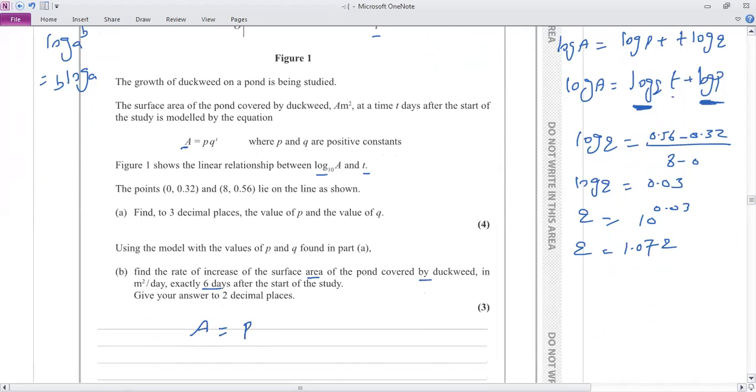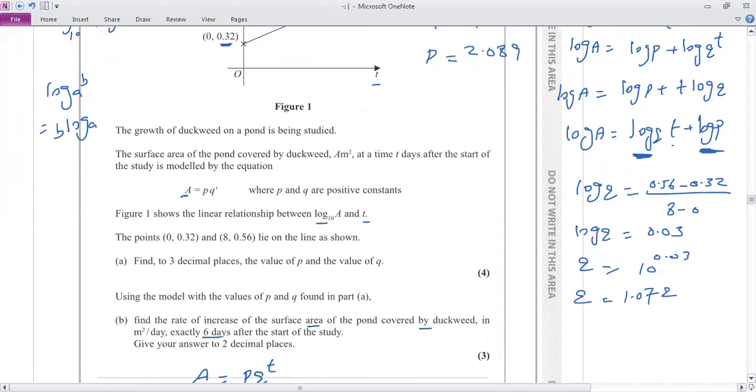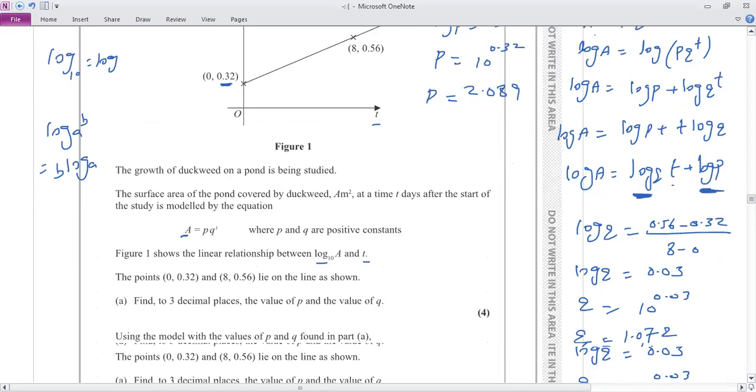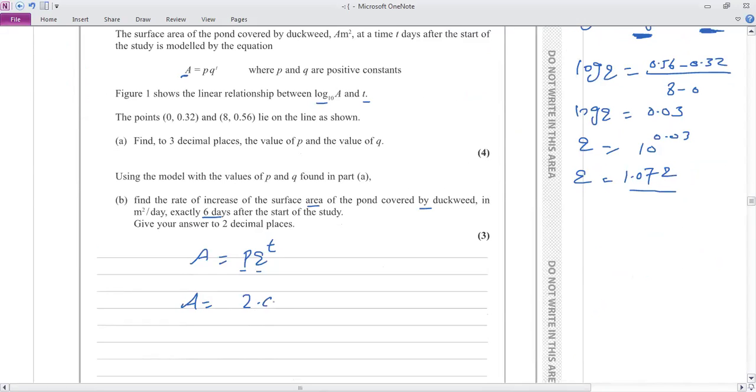Area is PQ to the power T. First we put the values of P and Q, because we found them already. The value of P is 2.089 and value of Q is 1.072. Put these values here. A will become 2.089 into 1.072 to the power T.